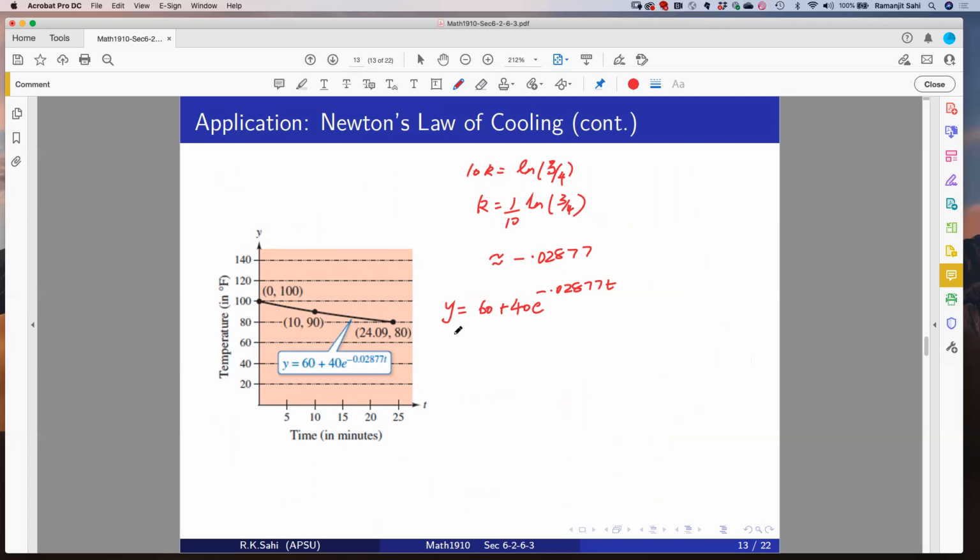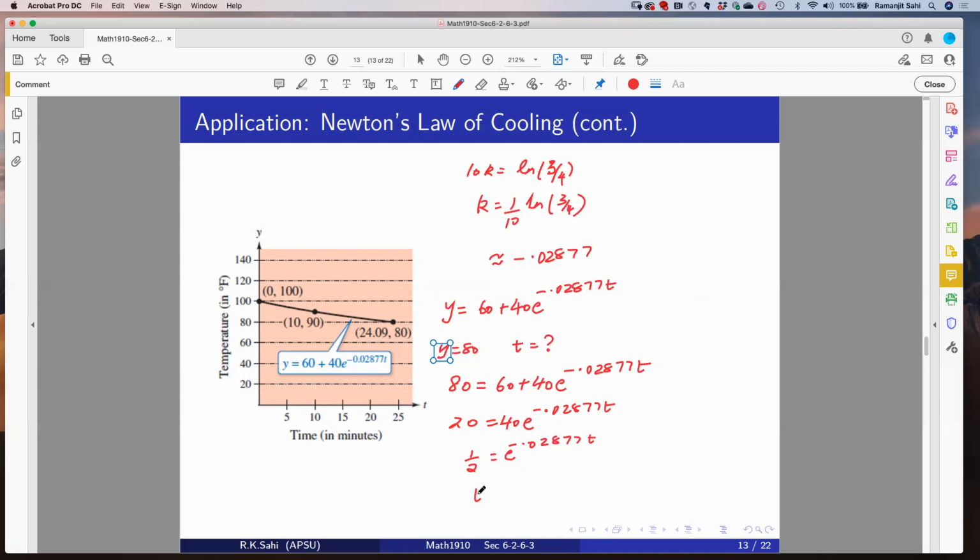So when y is 80, we need to know how much is the time. Substituting in the above equation, 60 plus 40 e to the power negative 0.02877 t equals 80, which is 20 equals 40 e to the power negative 0.02877 t, which is 20 over 40, a half, equals e to the power negative 0.02877 t.